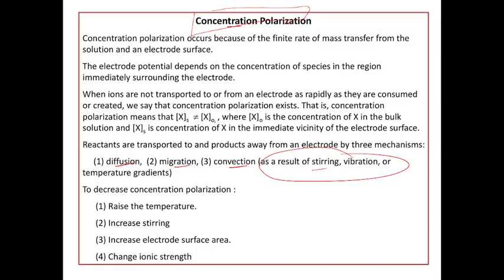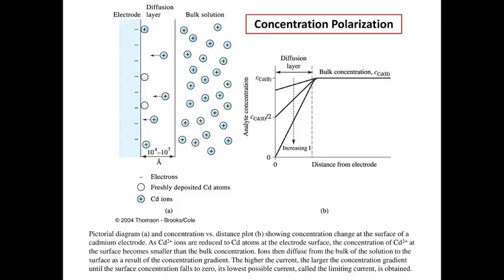Okay, only 10 minutes are remaining, so I need to go a little fast. This is a very beautiful picture; by this picture you can understand very nicely. This is the electrode, which has negative charge, and the positive ion will be attracted to the negative electrode. When it touches the electrode, it gains electrons and becomes neutral.